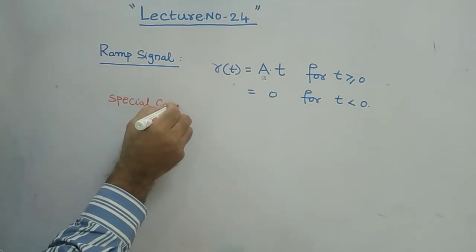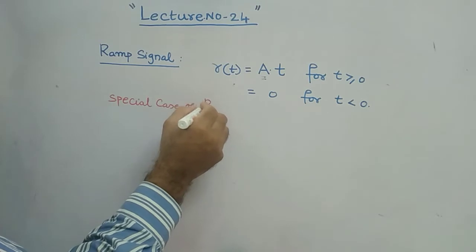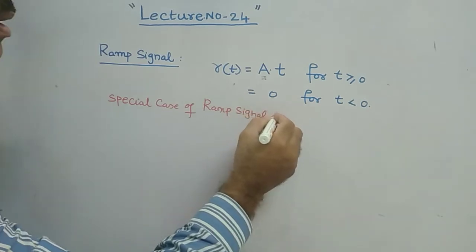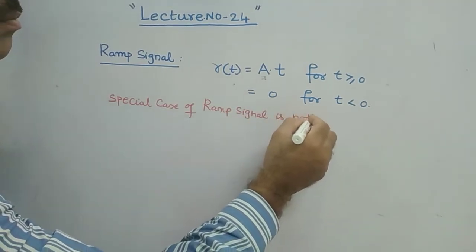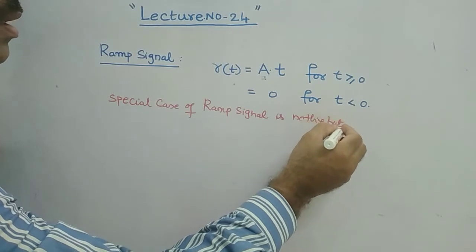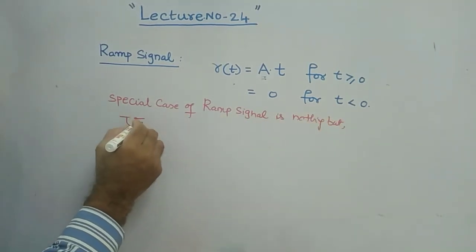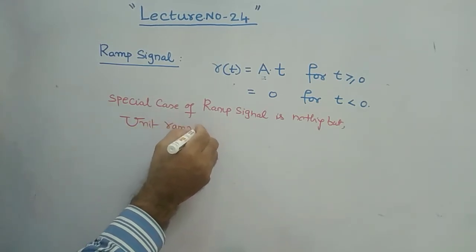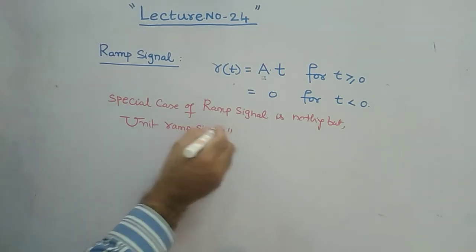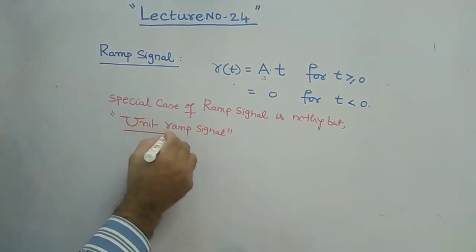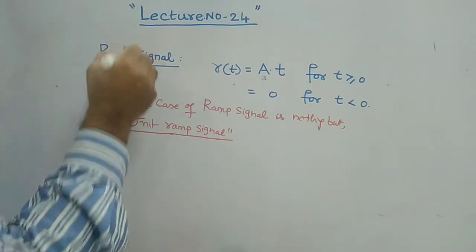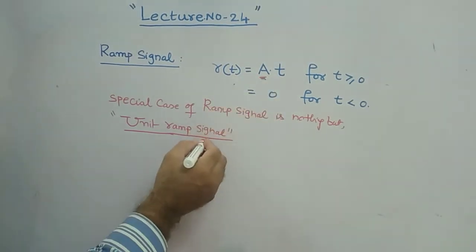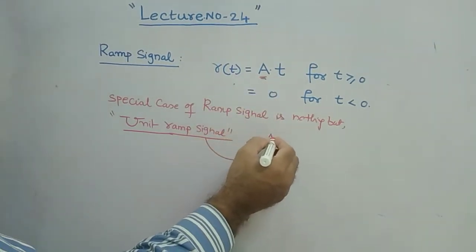The special case of a ramp signal is the unit ramp signal, where unit is nothing but your magnitude: whatever magnitude you have mentioned there, it becomes 1.